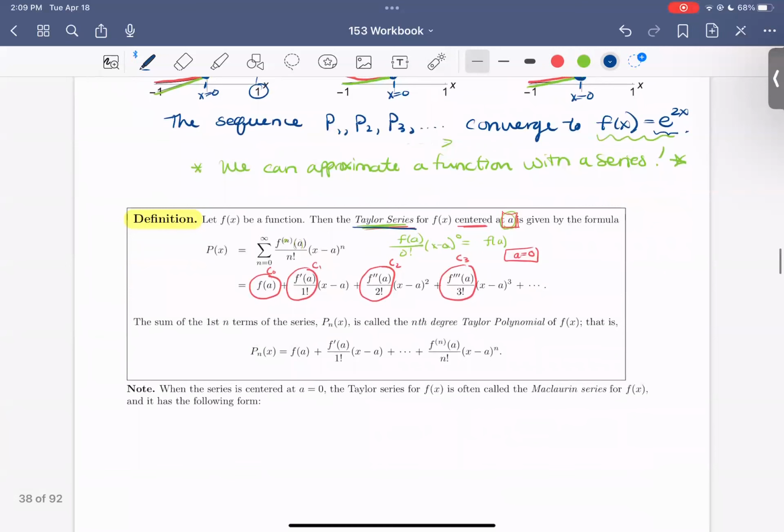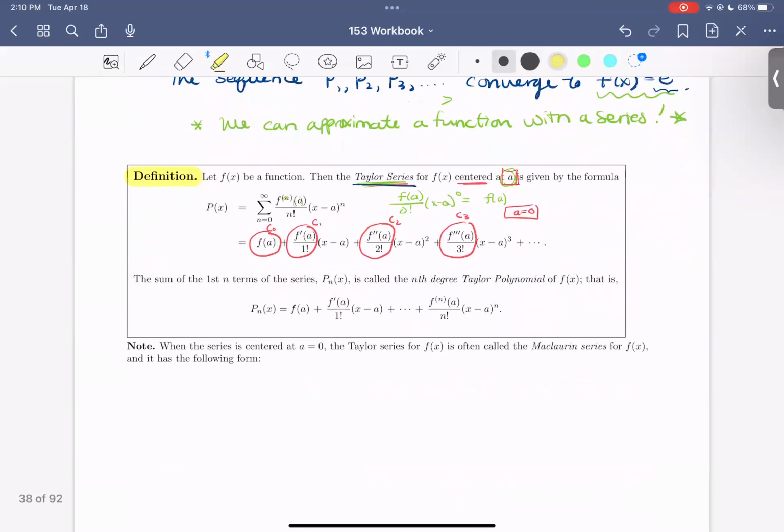Okay, but let's continue this definition. If we just look at the sum of the first n terms of the series, let's call that p sub n. And this isn't necessarily n terms, it's n plus 1 terms, recall, because our first term has a 0 coefficient. That's kind of a subtlety here. Or look at the x to the n, that's kind of the highest term we're looking at.